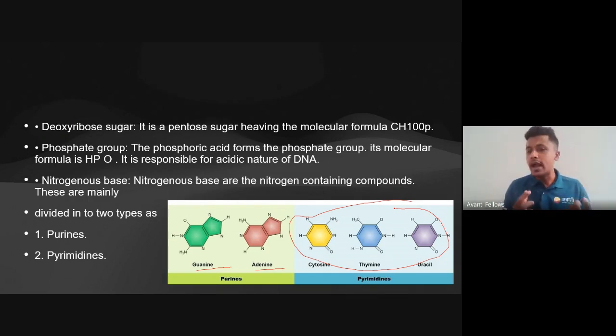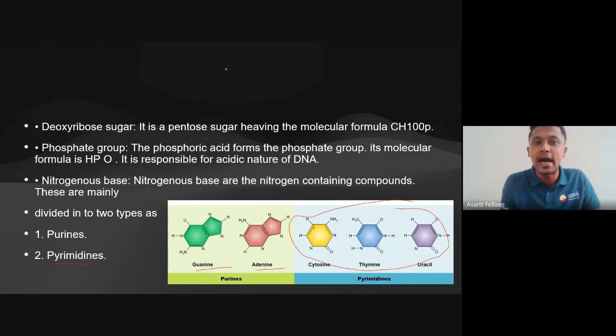So why did we have to give them names? It's very simple. How do we recognize them? First, we'll talk about pyrimidines so that it will help you understand purines. In pyrimidines, we have 1, 2, 3, 4, 5, 6. There are 6 atoms in this pyrimidine ring.